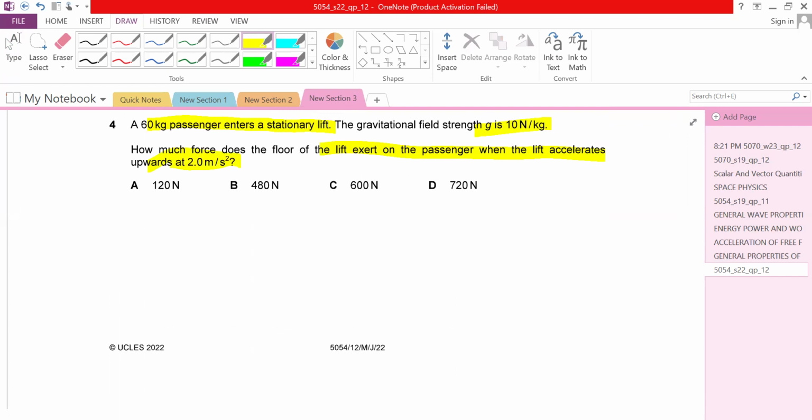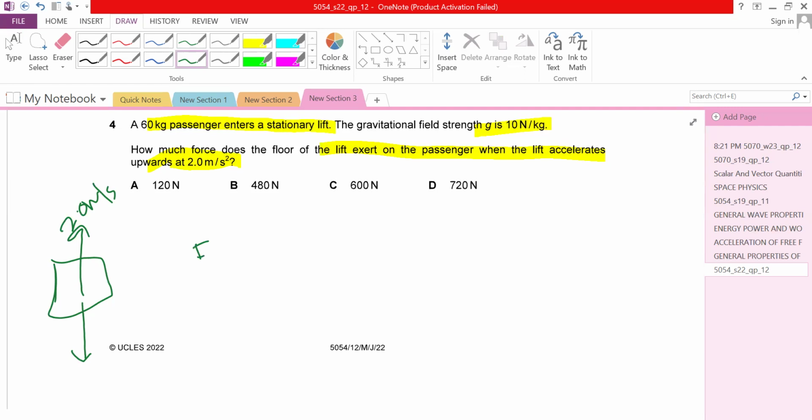You can say that this is a lift, for example, and this lift is accelerating upwards at 2 meters per second squared, and before this it was going downwards. So the formula to calculate the force: how much force does the floor of the lift exert on the passenger when the lift accelerates upwards?